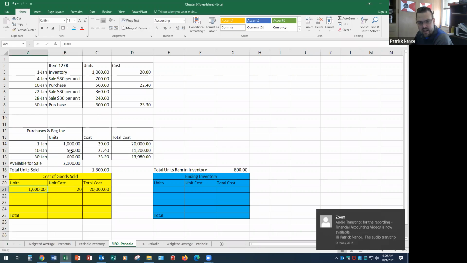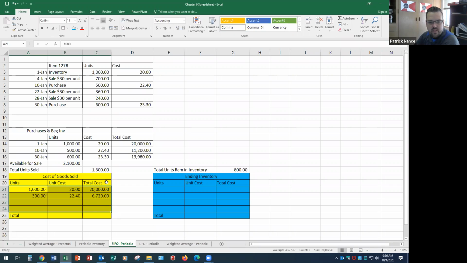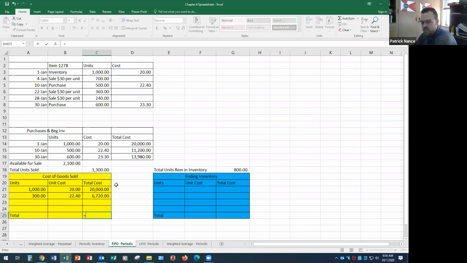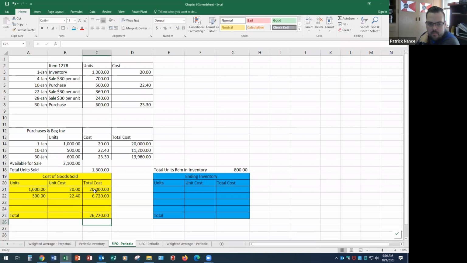So I've got 300 that came from this layer at $22.40 each for a total cost of 67.20, excuse me, 6,720. My total cost of goods sold, I can just add those 2 numbers together, and that would be my total cost of goods sold for the month of January under the FIFO periodic method.